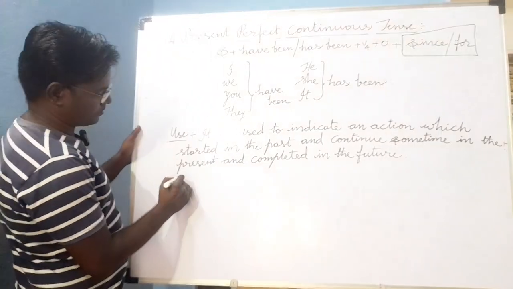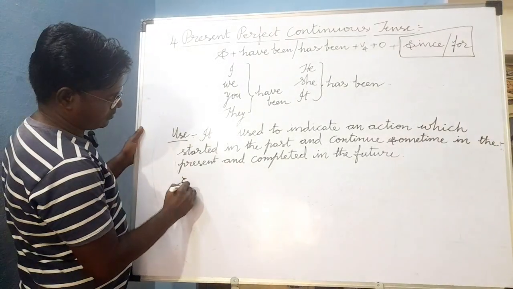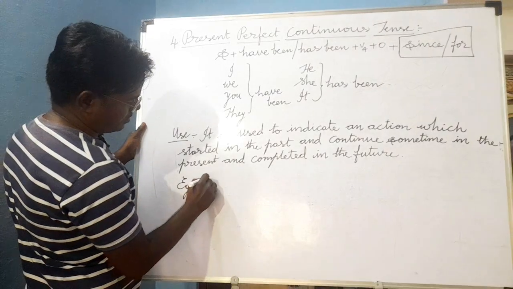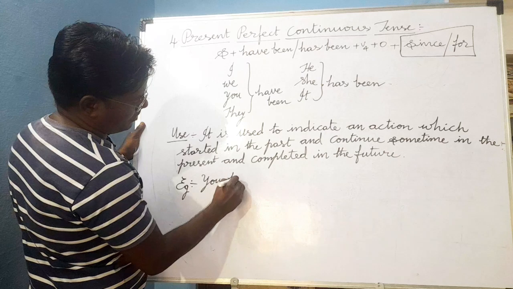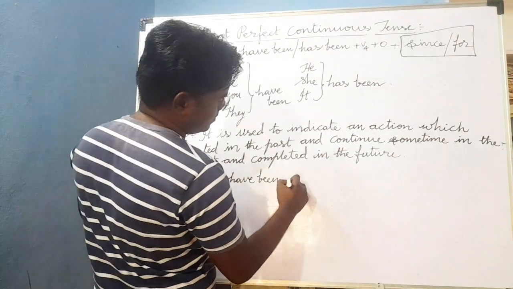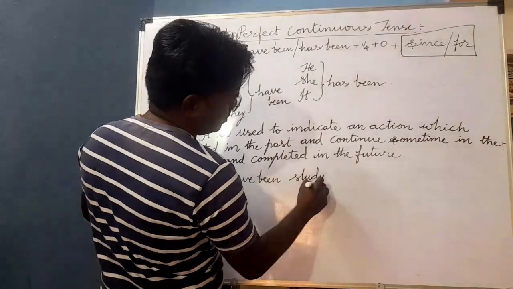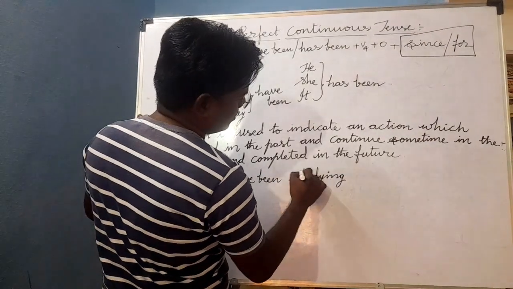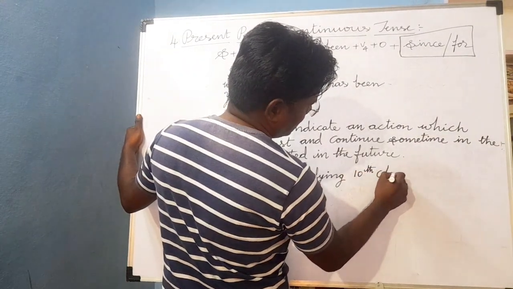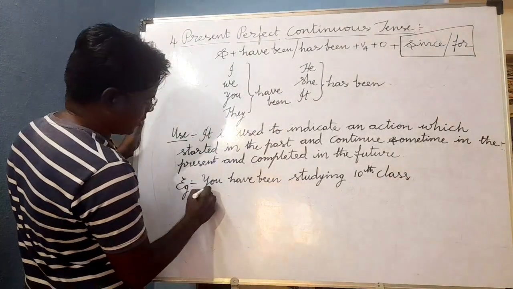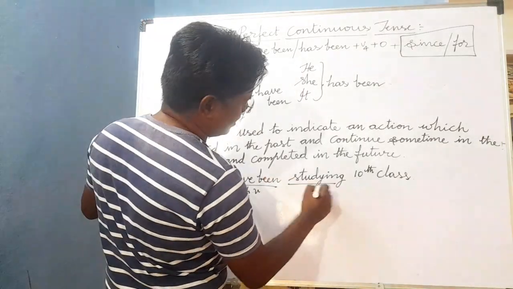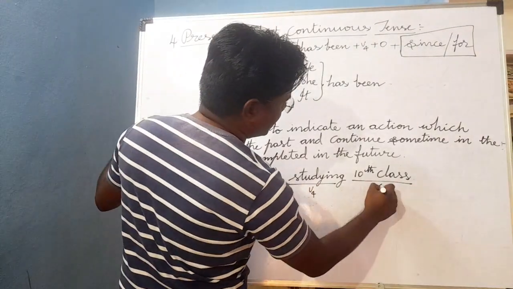So, example: you have been studying 10th class. Okay, so you is the subject, have been is the helping verb, studying is the V4 form, and 10th class is the object.